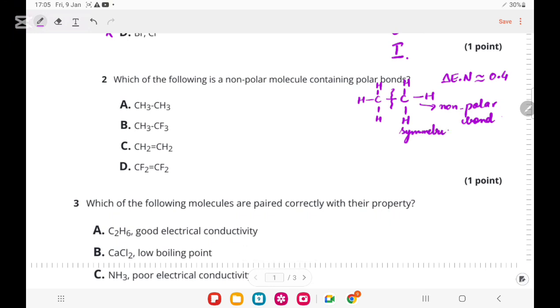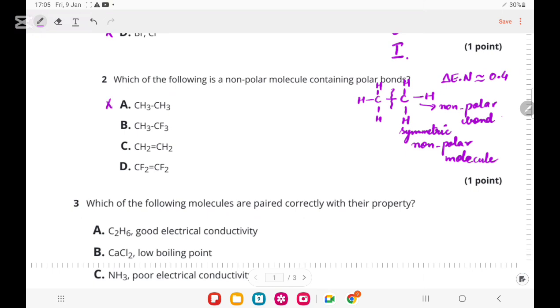And because of the symmetrical molecule, it is going to be a non-polar molecule. So this is a non-polar molecule having non-polar bonds, so this option is incorrect.